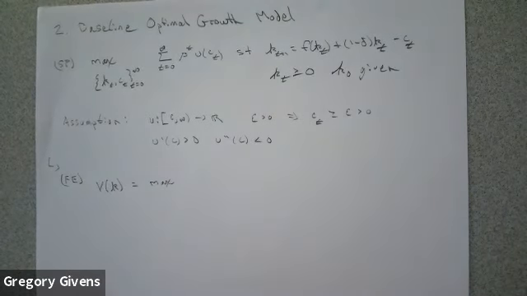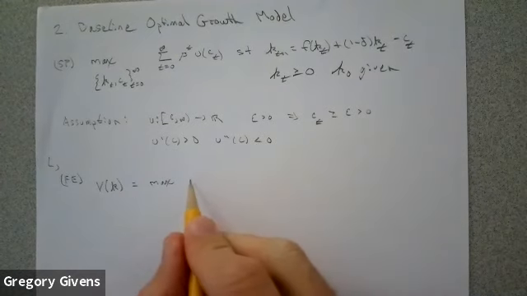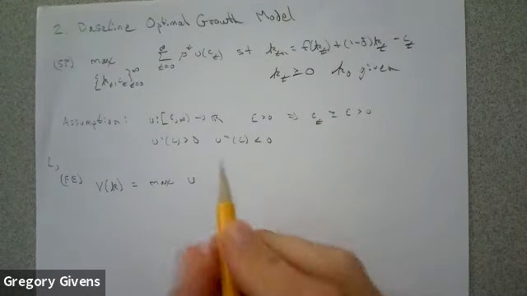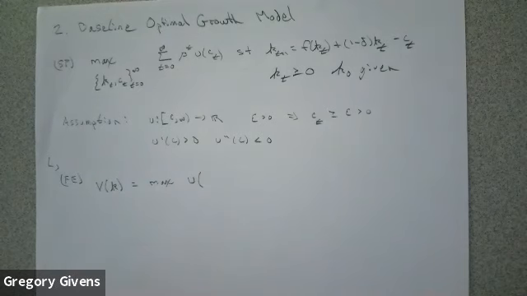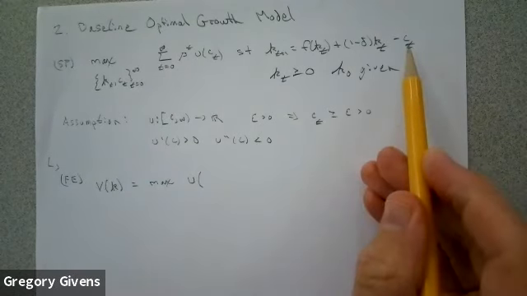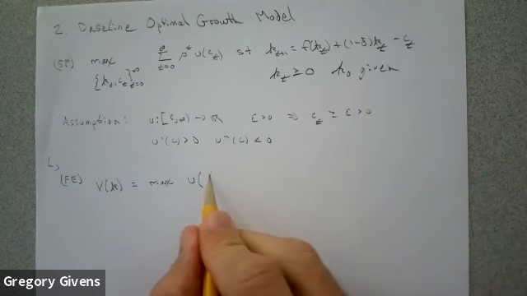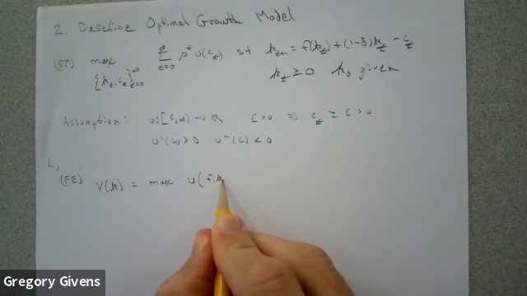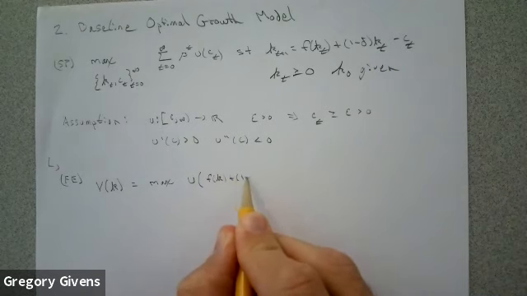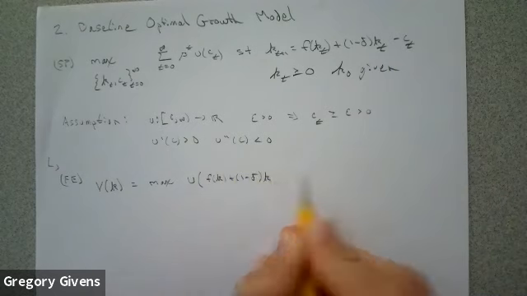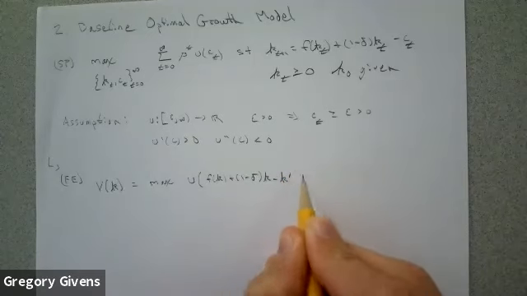The current return, right? Utility depends on consumption. Well, what's consumption equal to? Go up to the resource constraint and solve that for c, and you get f of k plus (1 minus delta) k minus k prime.